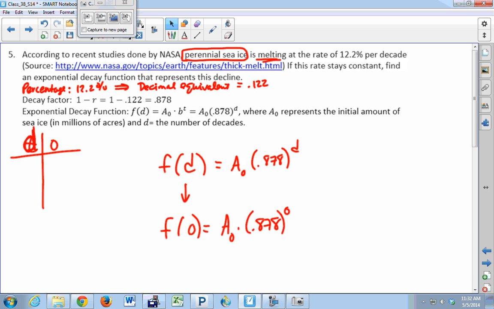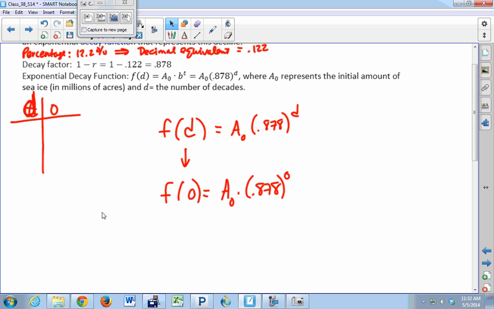What's 0.878 to the 0 power? 1. So f of 0 is a sub naught times 1. This is our initial amount. That's what the little sub naught means. It's always the amount you start with. That's your starting value, a sub naught.